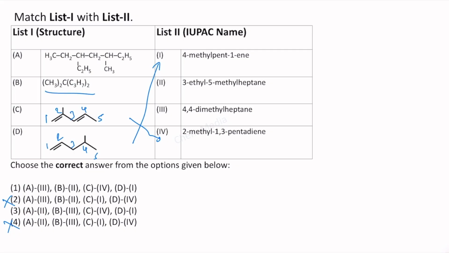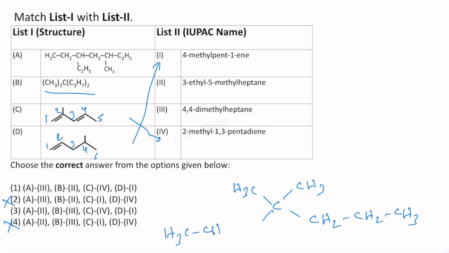Let's figure out B. We have a carbon, we have 2 methyl groups, and then we also have 2 propyl groups, CH2, CH2, CH3, and then on this side also propyl, H3C, CH2, CH2.